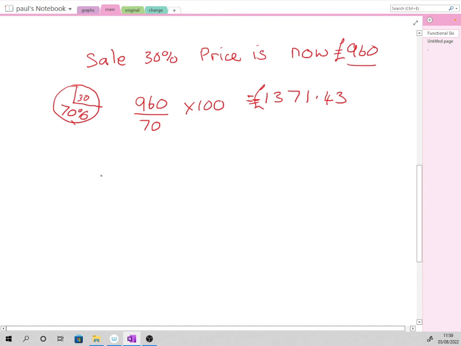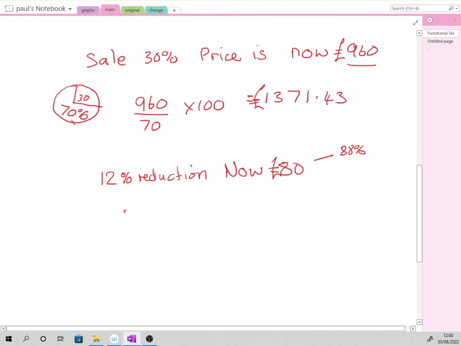So we've got a 12% reduction, and it's now £80. What was it before? So we're going to do the 100 and take away 12, which is 88. So that represents 88% of the original value.